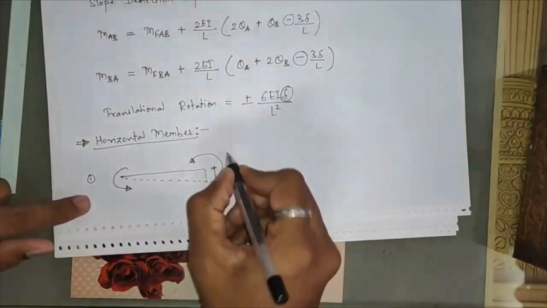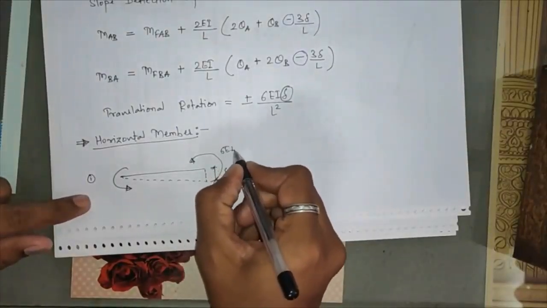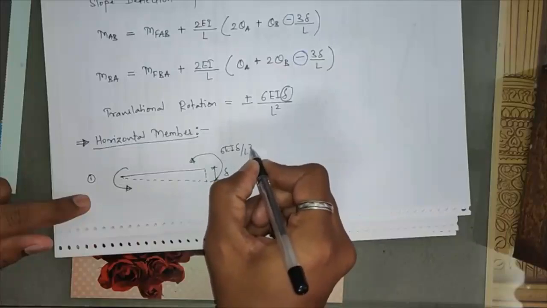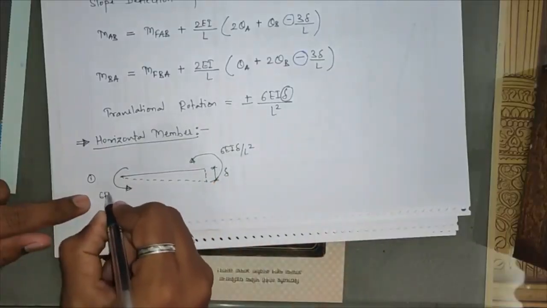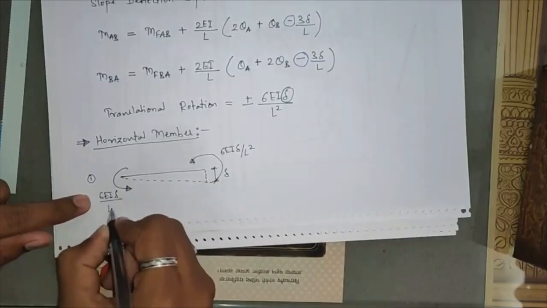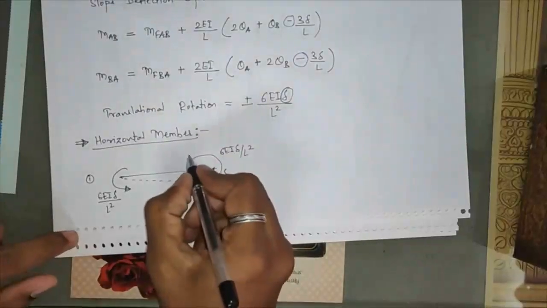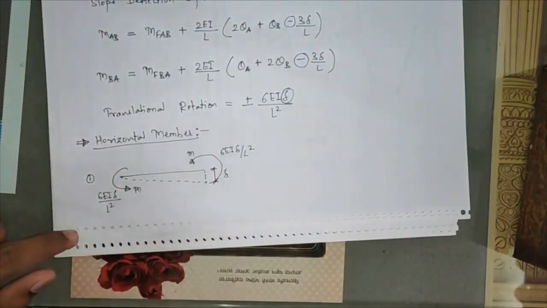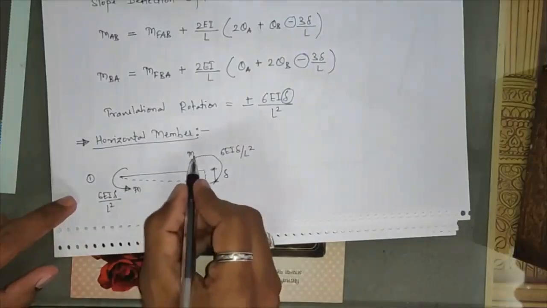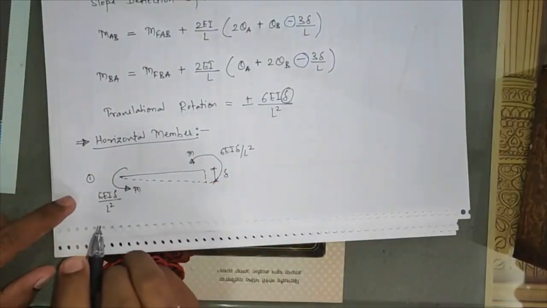So that comes equal to 6EI delta divided by L square at both ends. This is nothing but a moment, suppose I call it M, and the value of M is equal to 6EI delta upon L square.